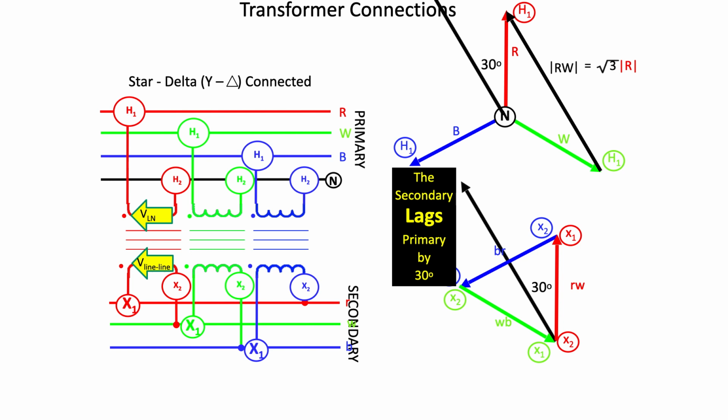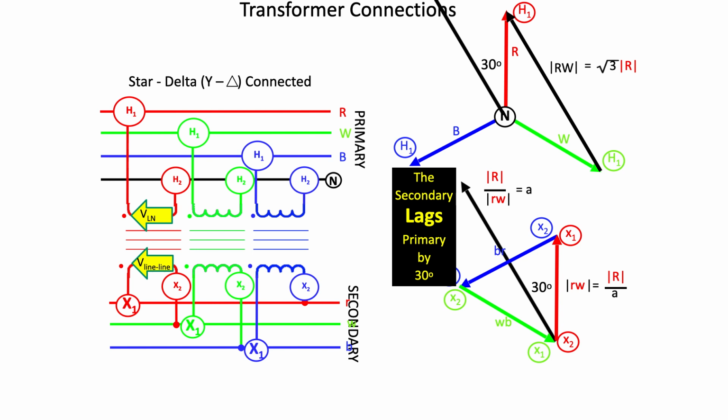And the turns ratio is given by the magnitude of the primary phase-to-neutral voltage over the magnitude of the secondary phase-to-phase voltage, which means the secondary red to white voltage is equal to the primary red to neutral voltage divided by the turns ratio.